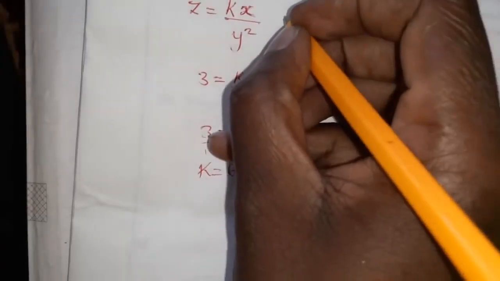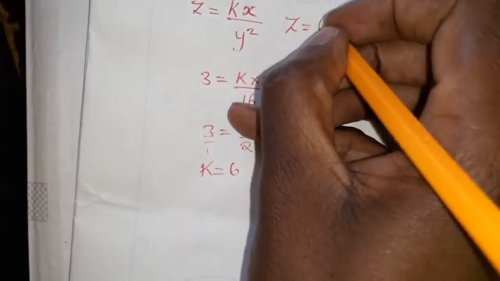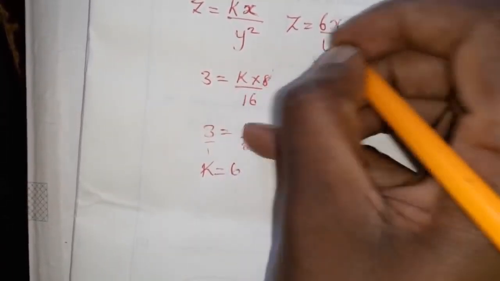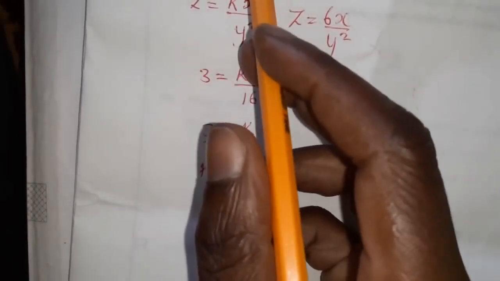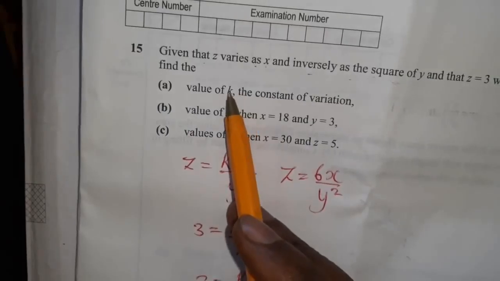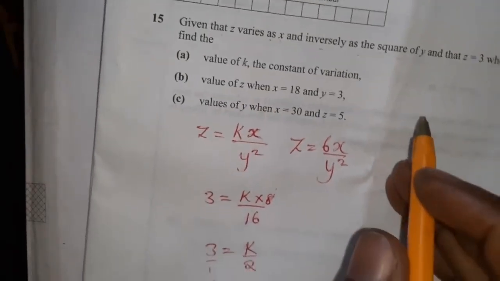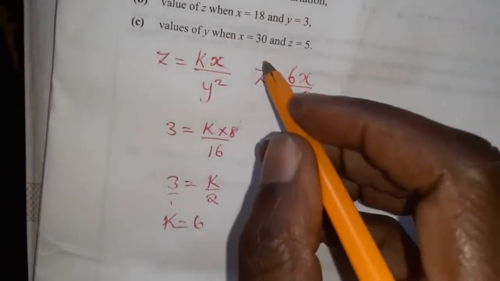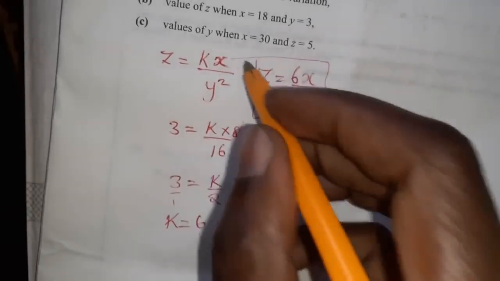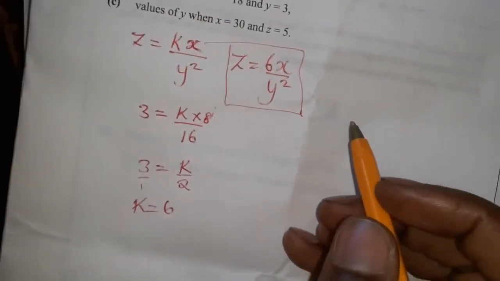So we have Z is equal to 6X over Y squared. We have found the value of k is 6, and now we'll be using this equation to answer the following two questions.